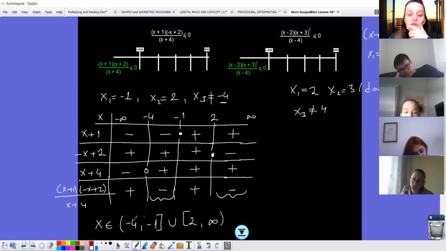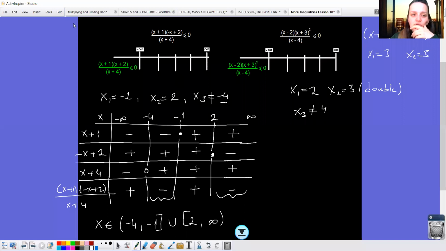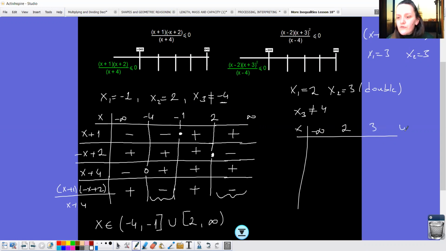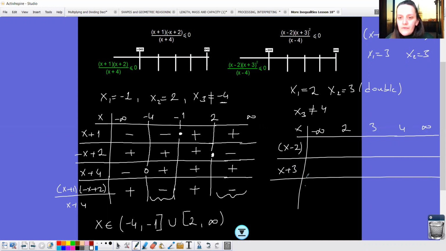Why am I writing this? Because when you have a double root, the sign chart changes. Do you remember? Let's see. I have x here, minus infinity, then I have 2, 3, 4, plus infinity. Then what is our expression? x minus 2, x plus 3 squared, x minus 4, and the result down is a.